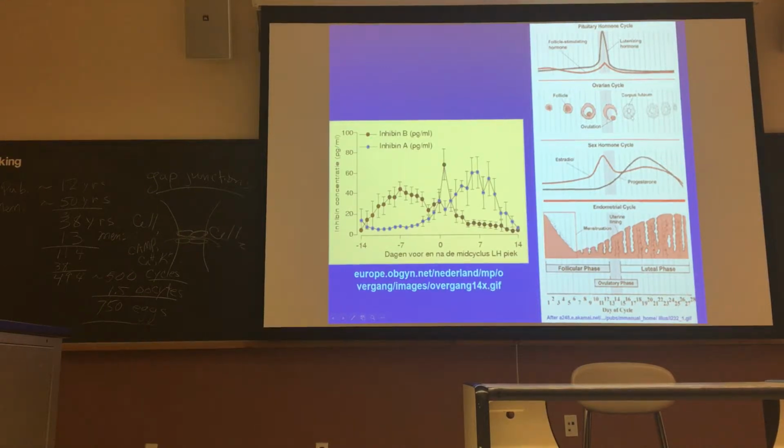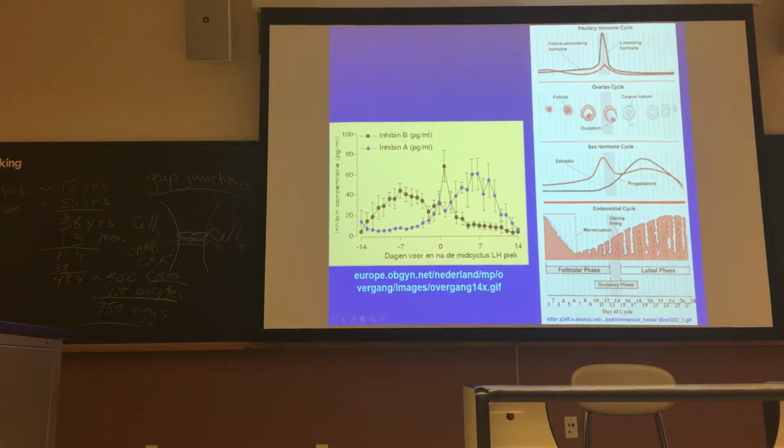There is in the primate, particularly in human, some estradiol that's also made. If you were to do this in a sheep, what you'd see is that the estradiol goes down and flattens out. And you'd see almost all progesterone, very little estrogen being made. Okay. Now, the phase over here, while follicles are growing, is called the follicular phase of the cycle.